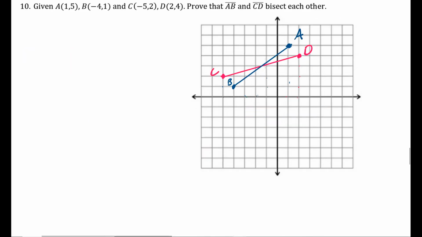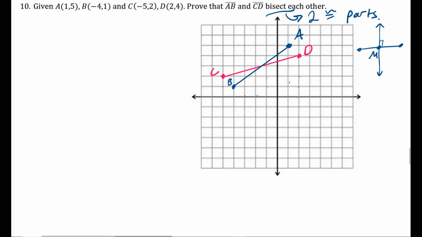For number 10, given the coordinates of A, B, C, and D, prove that segments AB and CD bisect each other. Remember that bisectors mean that you're cutting something into 2 congruent parts. So for example, when we did the perpendicular bisector early in the year, when that perpendicular line cut through whatever segment we had, it would hit the segment at the midpoint.